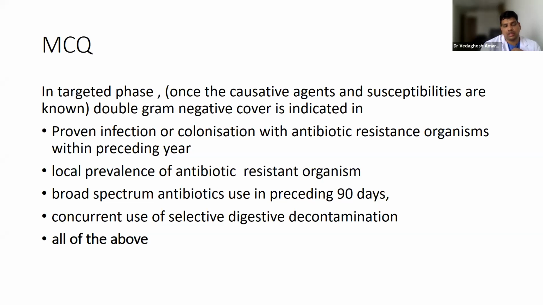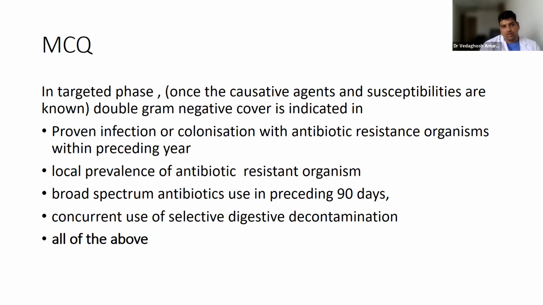It is given if a patient has a proven infection or colonization, was admitted to your ICU in the preceding year with an antibiotic resistance pattern to multiple antimicrobials, there is some local prevalence of antibiotic-resistant organisms, there was broad-spectrum antibiotic use in the preceding 90 days, or there is selective digestive decontamination. All of these would definitely involve multiple antimicrobials before the patient is admitted to the ICU.